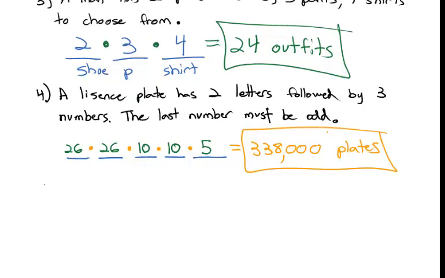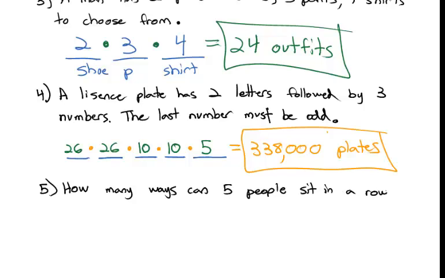Here's another version of the same problem. How many ways can 5 people sit in a row? Well, 5 people, there's 1, 2, 3, 4, 5 people. The first person to sit down, the leader, if you will, there are 5 choices to choose from.